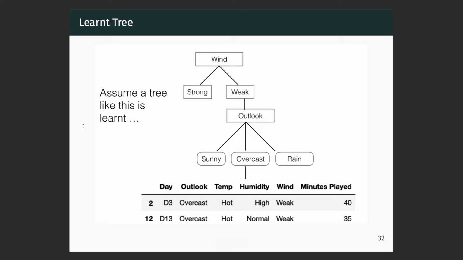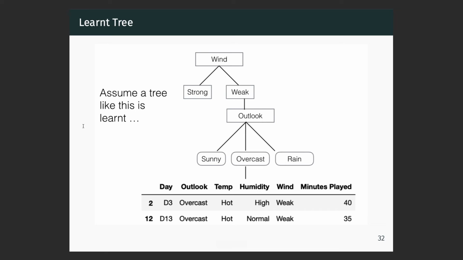And let's imagine that for the overcast case now, where the wind is weak and the outlook is overcast, you have, let's say, only 2 examples, where the minutes are 40 and 35. And let's imagine that you cannot go any further. You cannot split further into the tree, or you're not allowed to go beyond depth 2 trees.